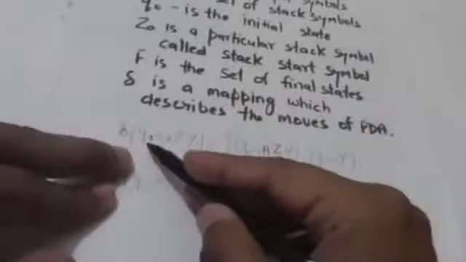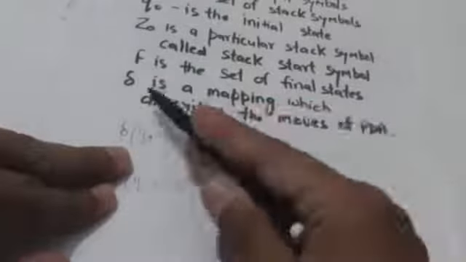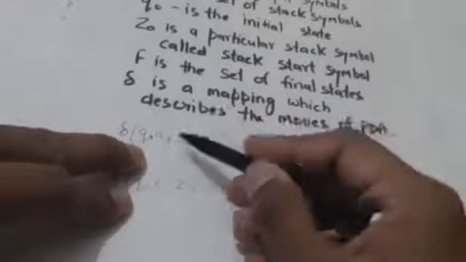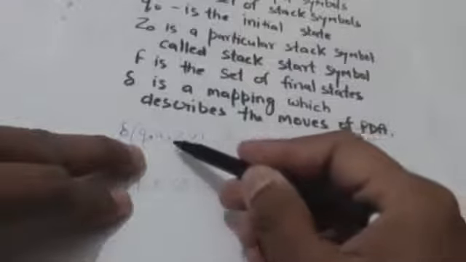Now see, this delta takes three inputs: the present state, the current input symbol, and the string in the stack, right?